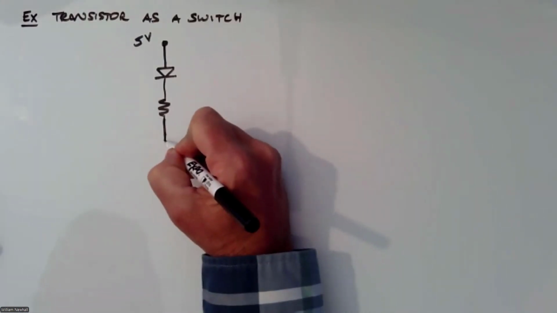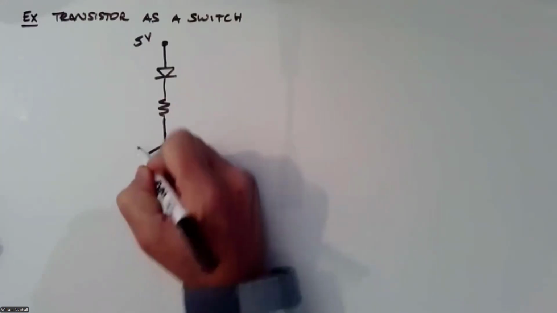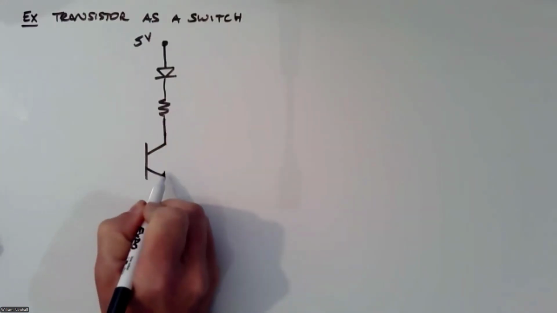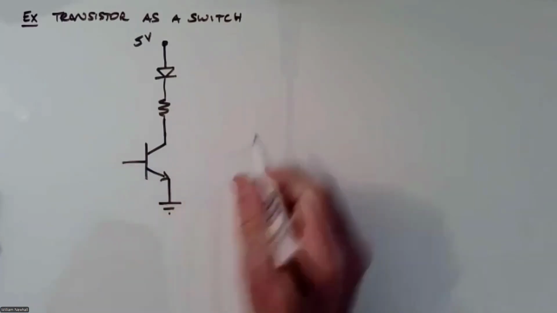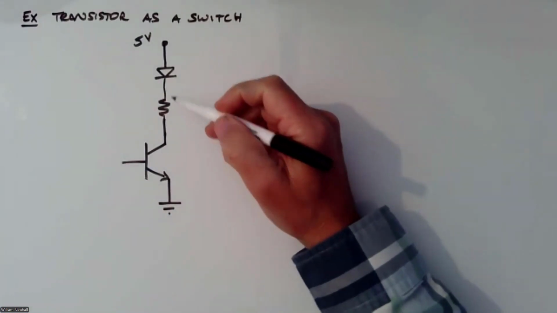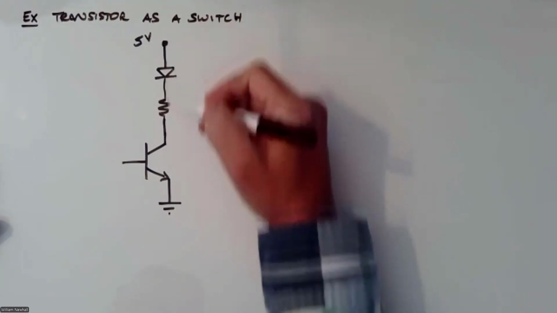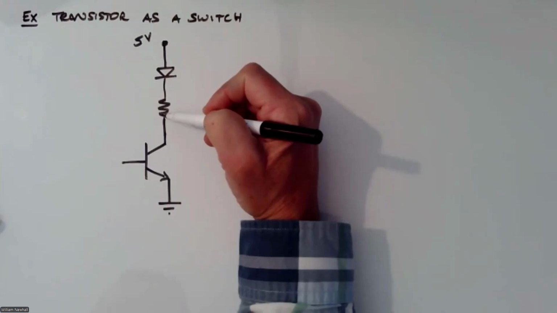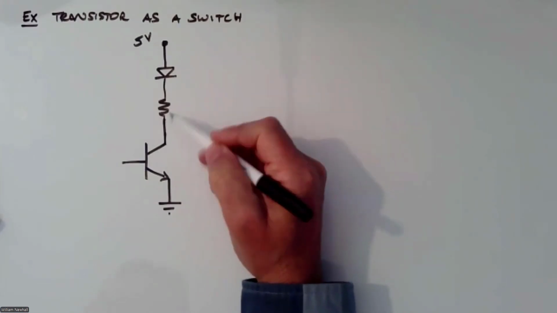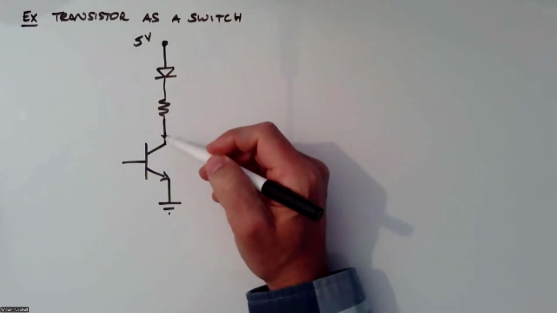Okay. And then I'm going to come here and I'm going to put a transistor. And that transistor is going to control the current through the diode and resistor. So this transistor can either allow current to flow or stop that current.